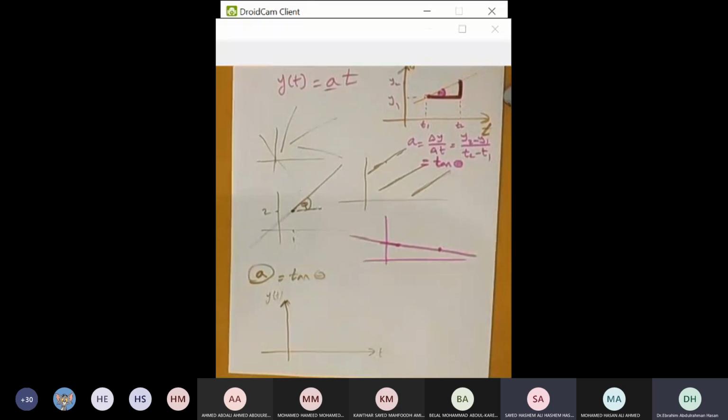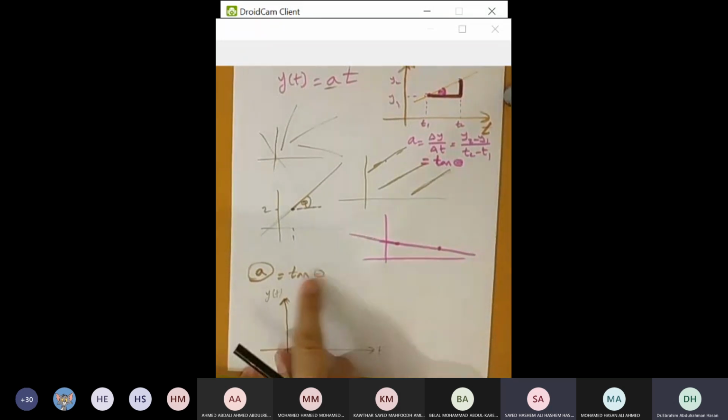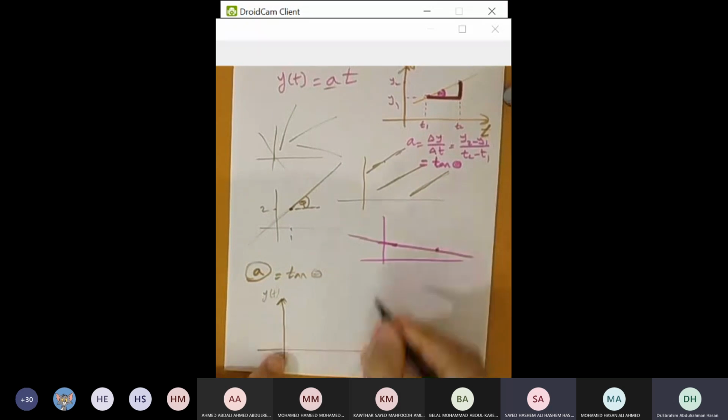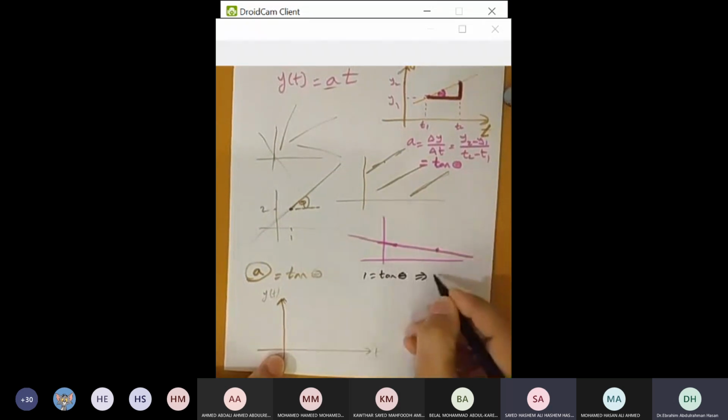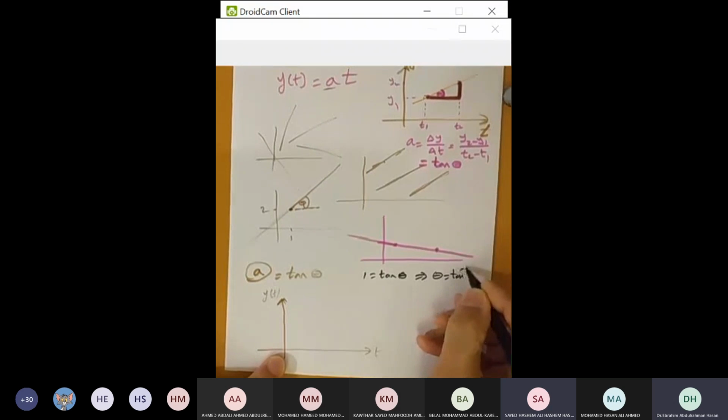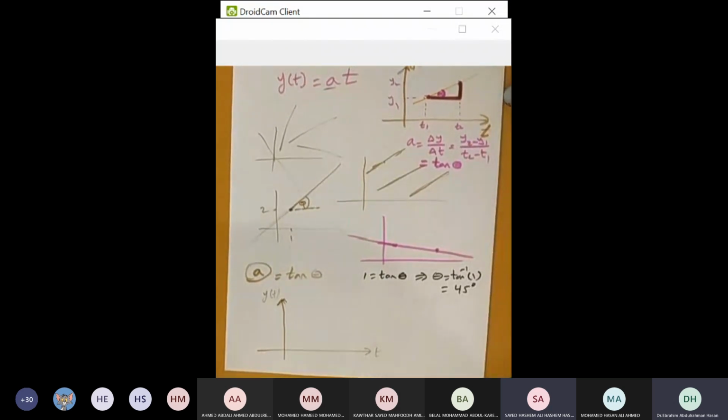Anyway, so as we said that a equal to 1, it means that theta equal to 45. شلون طلعته from here? Okay, so 1 equal to tan theta. So then it means that theta equal to tan inverse 1, which is equal to 45 degrees. 45 degrees, it means that this. هذه 45 بالضبط الوسط.